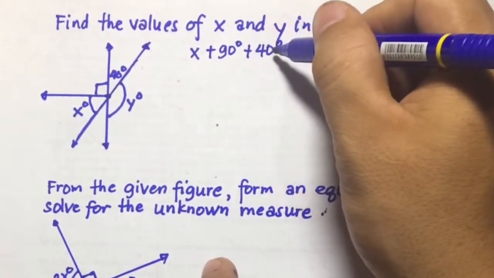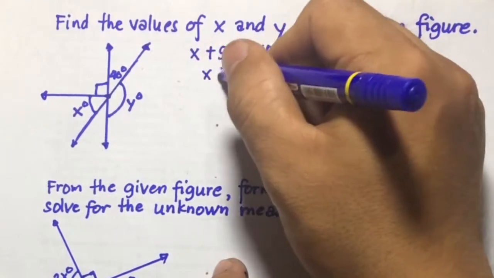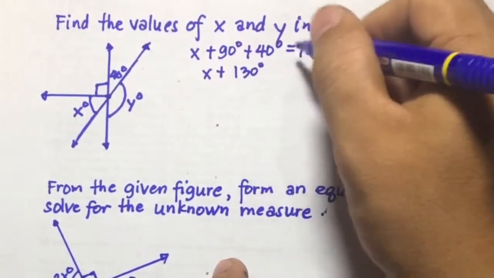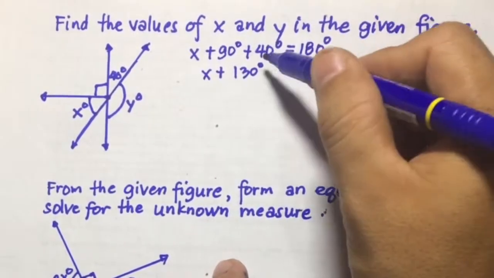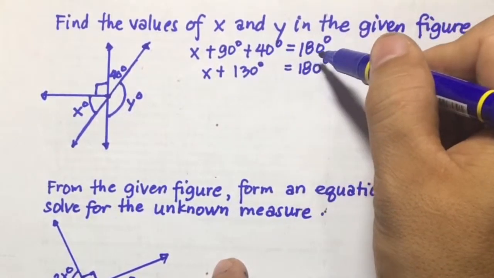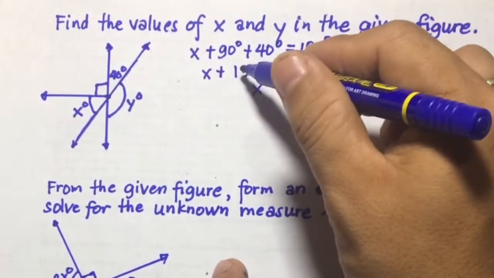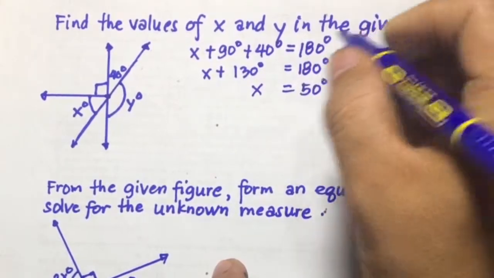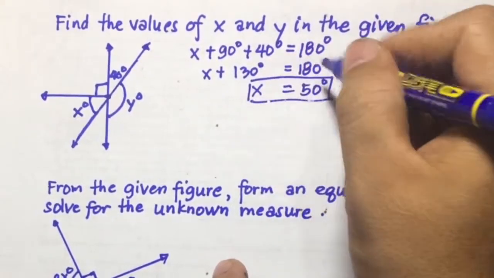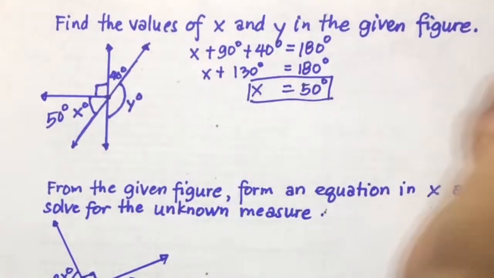Then 90 plus 40 is 130, so we can have x plus 130 degrees equals 180 degrees. Then transposing 130 to the right side, we're going to have x equals 180 minus 130, that will be 50 degrees. So x in this figure is 50 degrees.